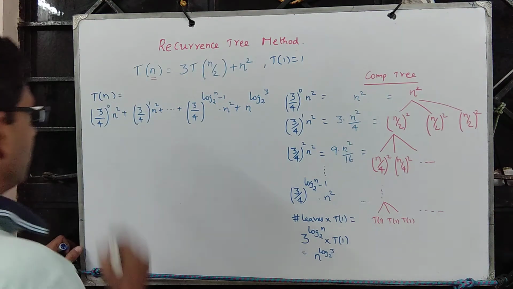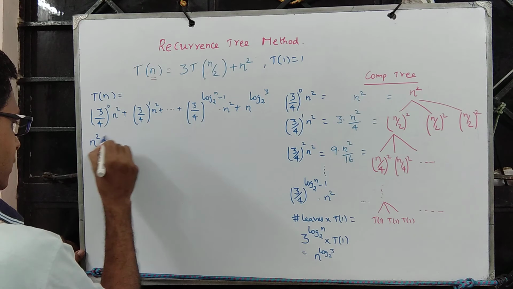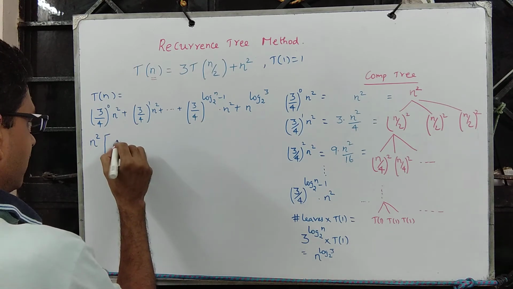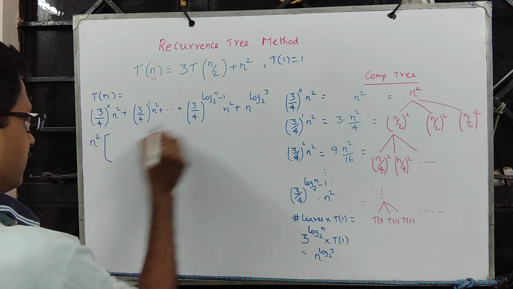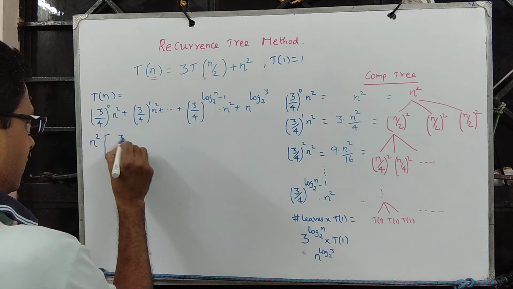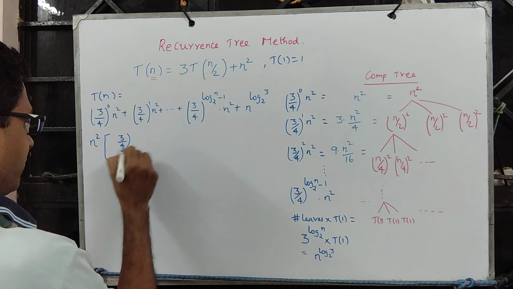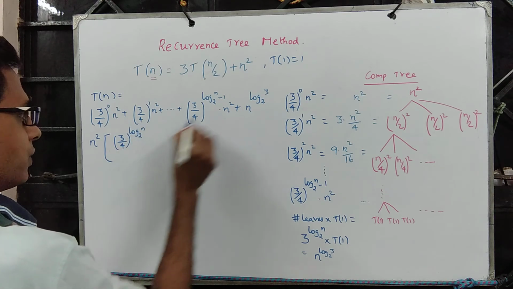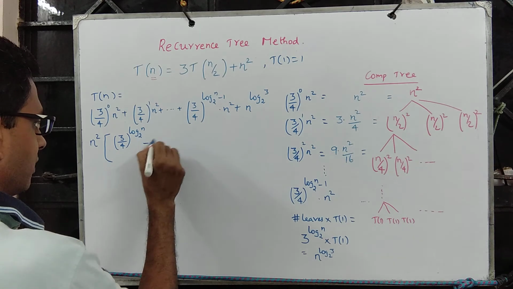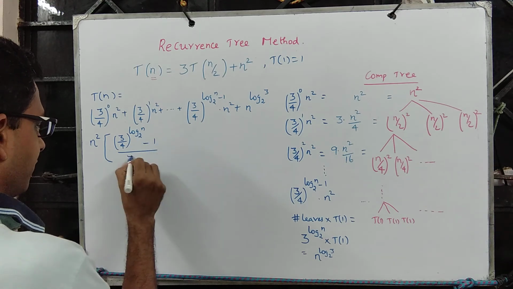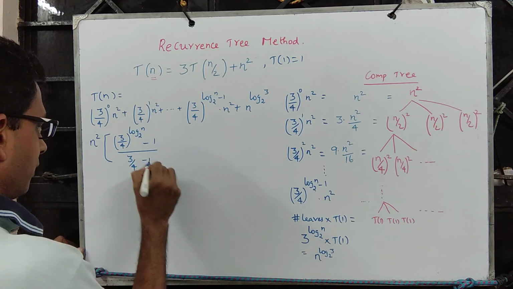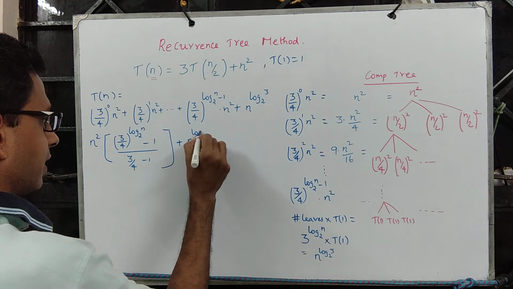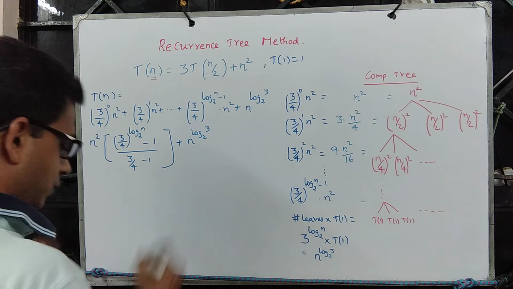Correct? Now one can take n square out, and then we get this series, which is precisely the sum of 3 by 4 to the power log n base 2 minus 1 plus ... plus 1, that is 3 by 4 to the power log n base 2 minus 1, divided by 3 by 4 minus 1, plus n power log 3 base 2.